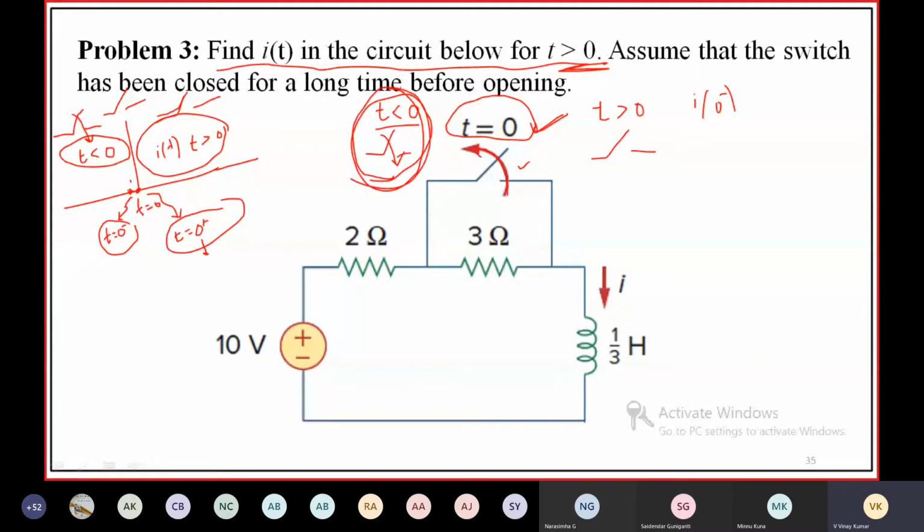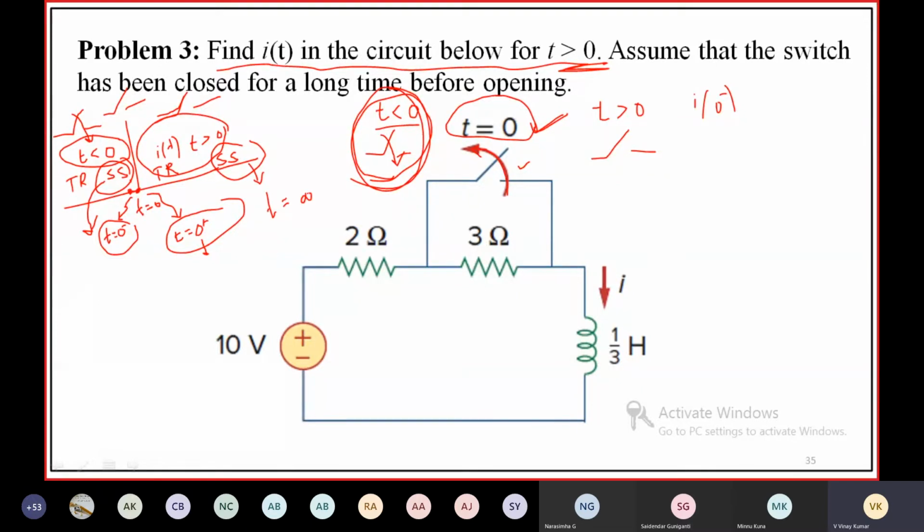We have two responses: transient response plus steady state response for t less than 0, and for t greater than 0 also transient response and steady state response. For t less than 0, steady state occurs at t is equal to 0 minus. For t greater than 0, steady state occurs when time approaches infinity.